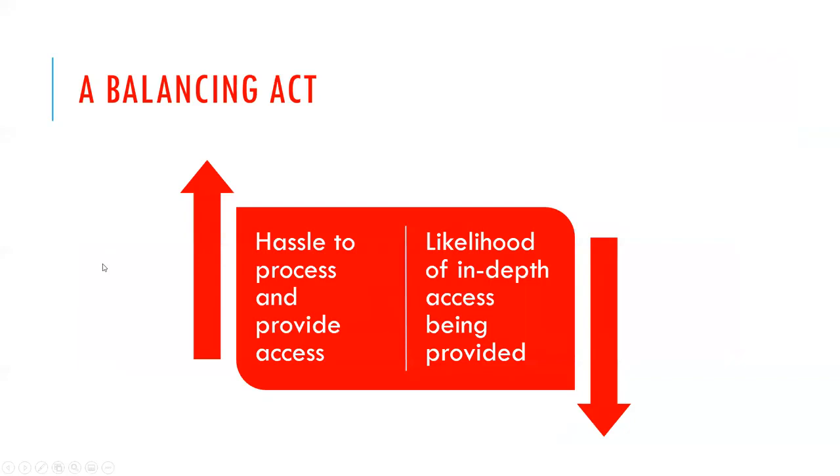So a key part of that discussion is a balancing act. On a basic level, the more of a hassle it is to process and provide access to records, the less likely it is that in-depth access is going to be provided. And this is something that the WA article from our arrangement and description discussion talked about quite a bit.